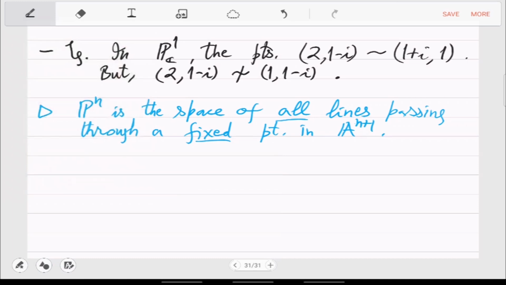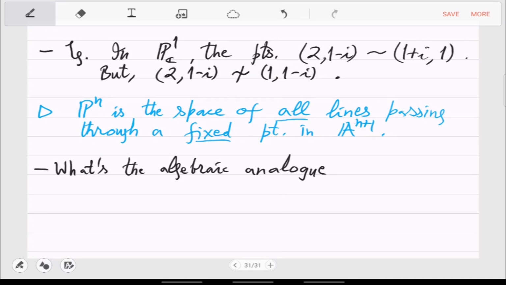Now what is the algebraic analogue of what we did in affine varieties? Right, so there we used ideal, prime ideal, radical ideal. So we have to repeat all that for projective now. So let's do that quickly. So what's the algebraic analog, or algebraic description of projective n space, and what are in particular projective varieties?